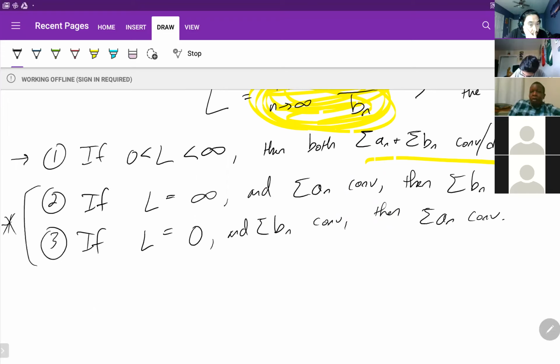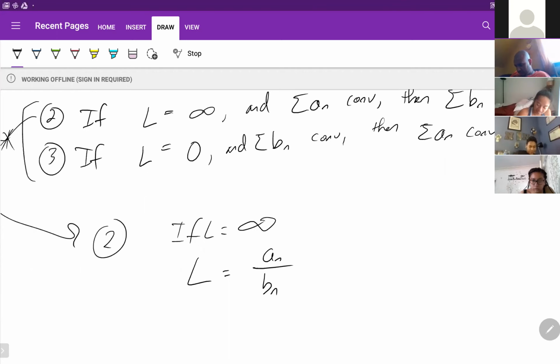What needs to occur for L to be infinity? A sub n needs to be infinity. Well, can you be a little bit more specific than that? What about B sub n? B sub n also could be infinity, but yeah.